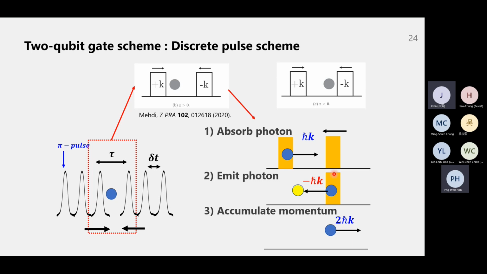So your pulse is acting on the ion and making them meet and absorb the photon. Okay. All right.